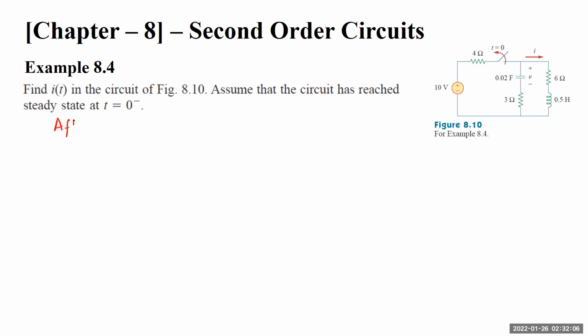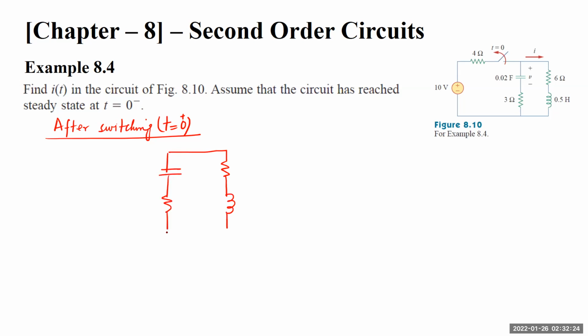So after switching, that is at t equals 0 positive, just after switching, the circuit is something like this. So this is our circuit. This is my inductor, 0.5 henry, with IL(0) equal to 1 ampere, the initial condition. 6 ohm is this resistance.